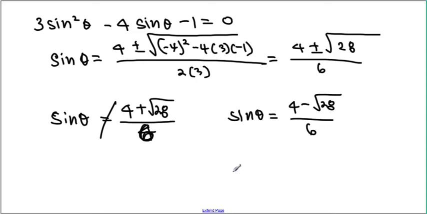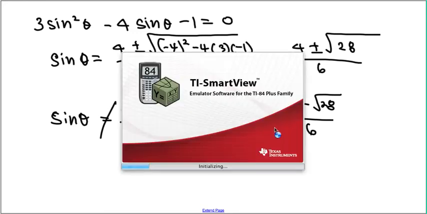So how are we going to get this? Why don't we try to take out our calculator, and then using our calculator we'll try to find the value of theta.